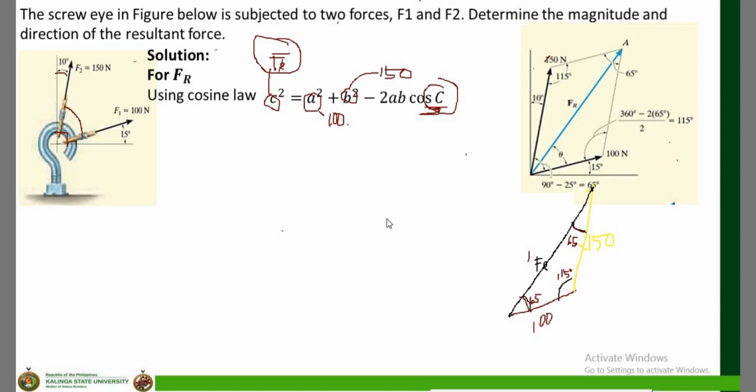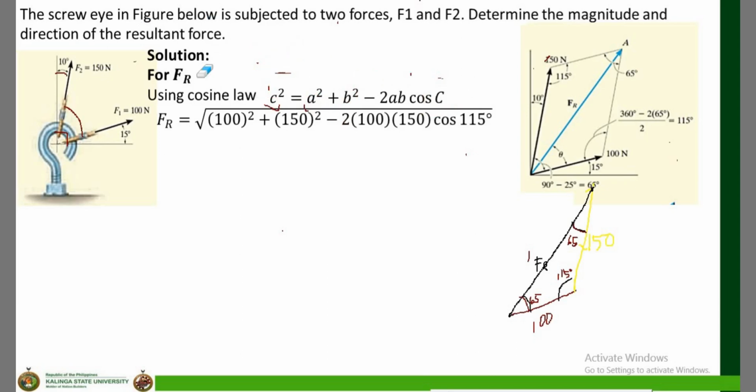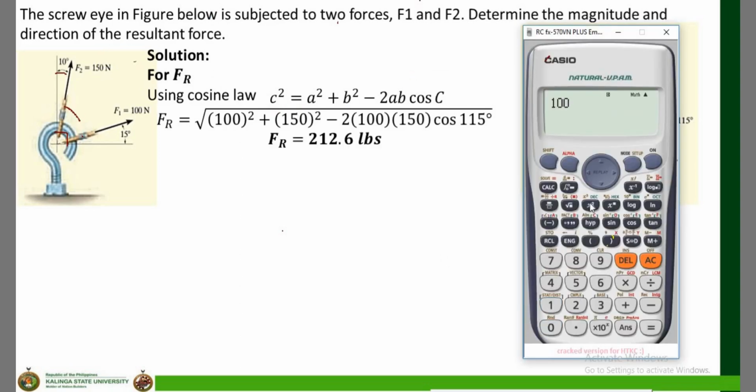FR squared is equal to 100 squared plus 150 squared minus 2 times 100 times 150 times cosine 115. That gives 212.6 pounds.